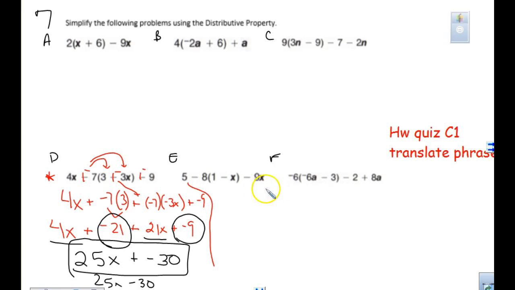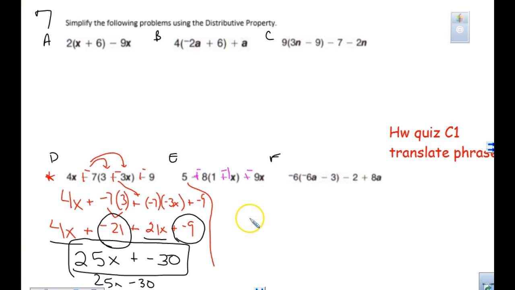So if I was doing 7E, first off, you got a lot of white space down below here. You might want to do this one a little further down. First thing I would do is go through the whole problem and change subtraction to adding the opposite. So make that a plus -8x, make this a plus negative, and I put a 1 in there, and plus -9.